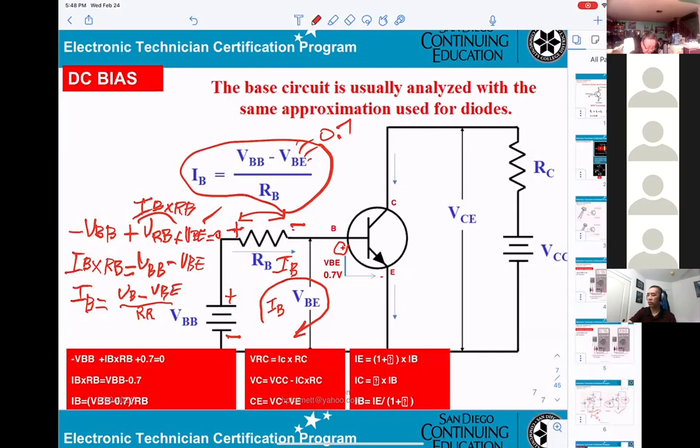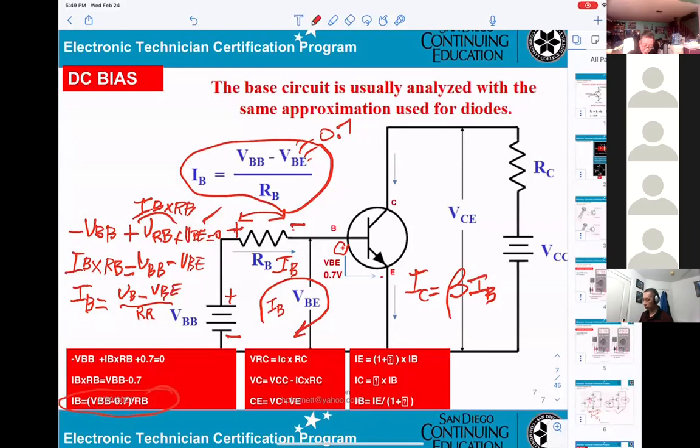After you get the IB, you want to calculate the IC. We get the formula IC equals beta times IB. If you get IB, you're able to get the IC.